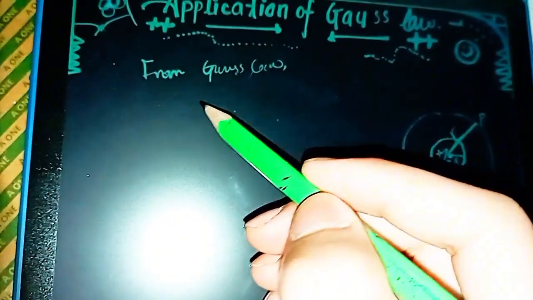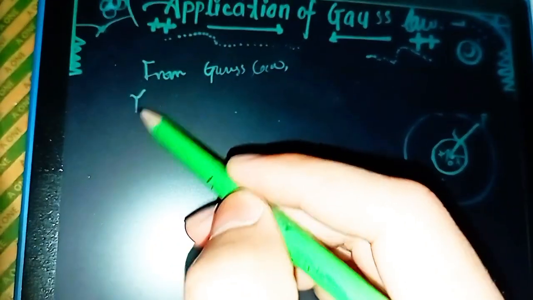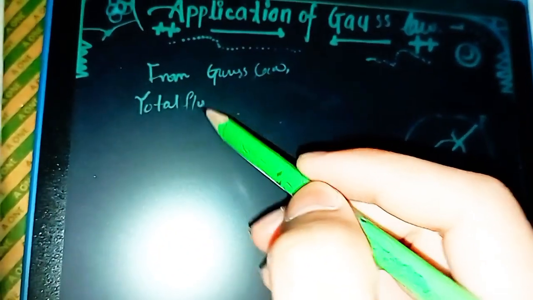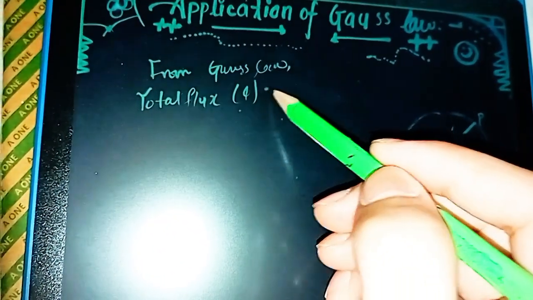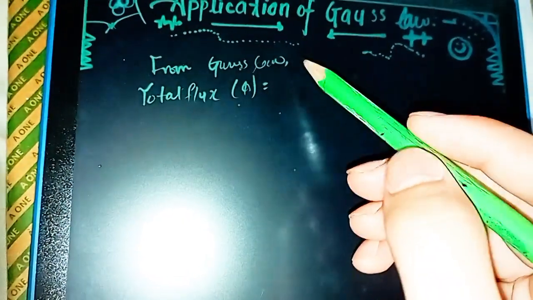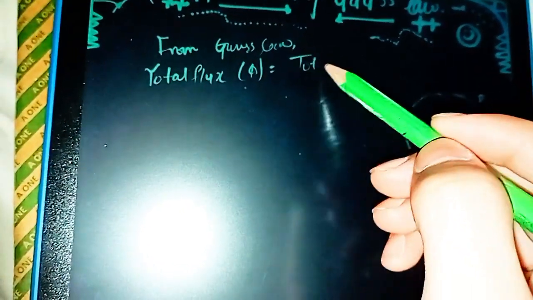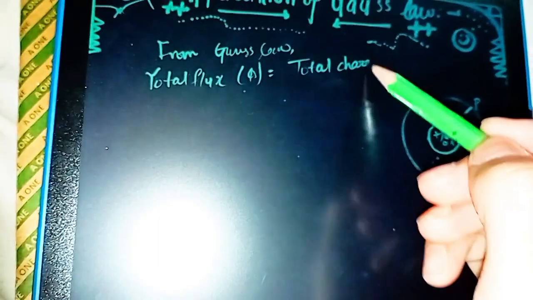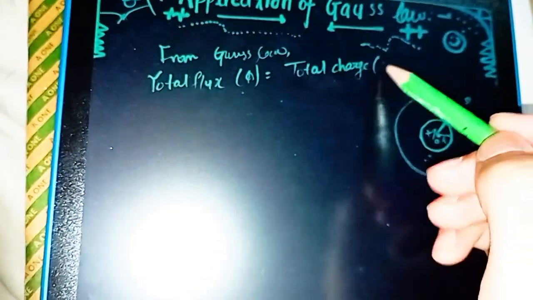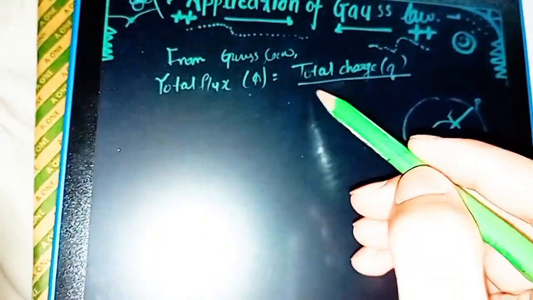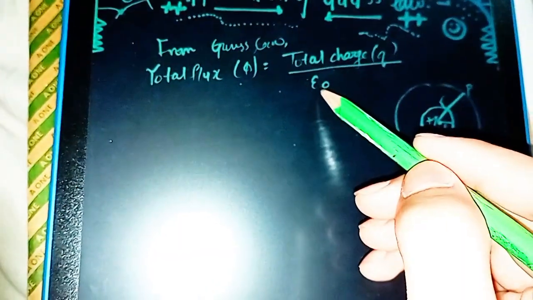From Gauss law, I'm writing the total flux. Total flux phi is equal to total charge Q by epsilon naught.